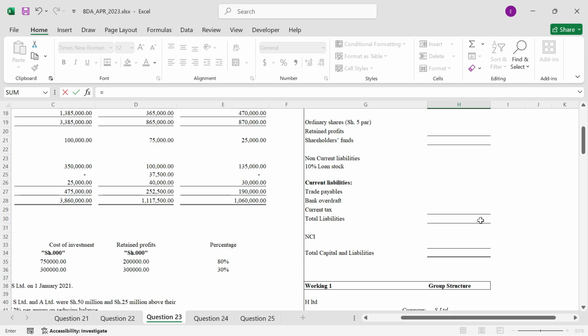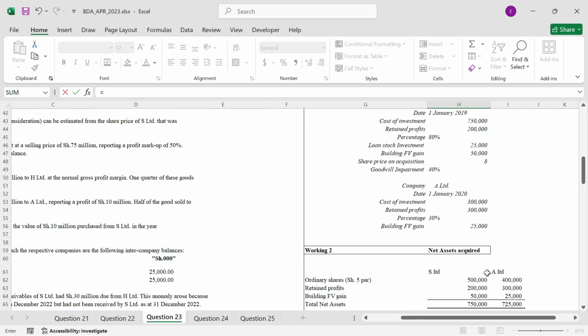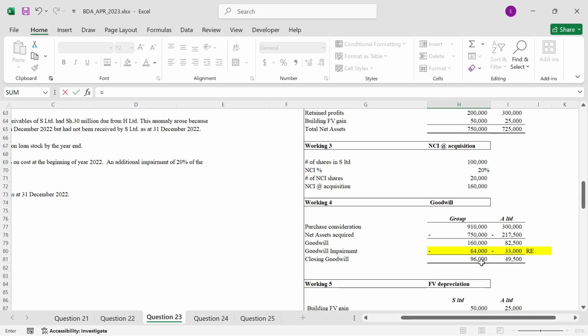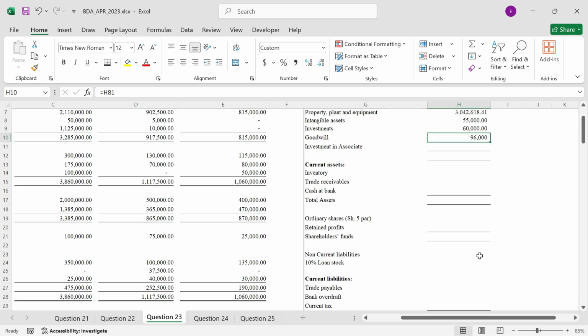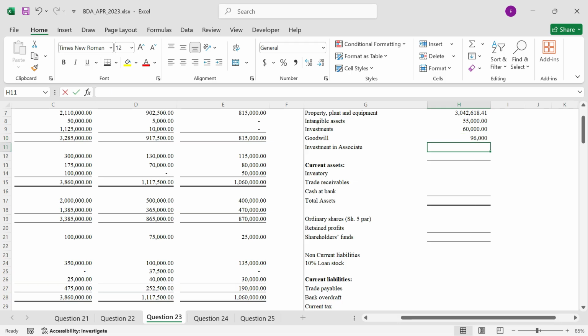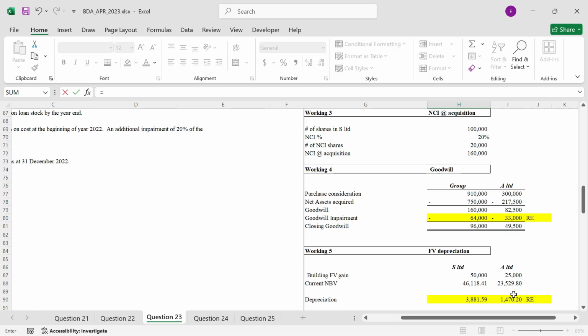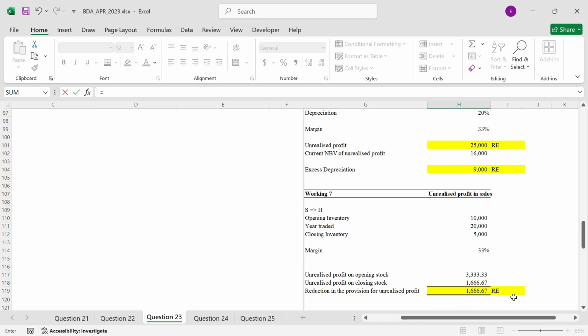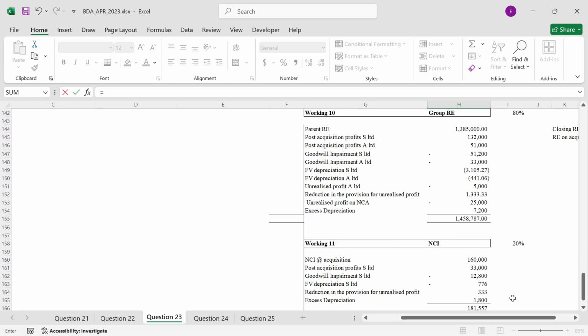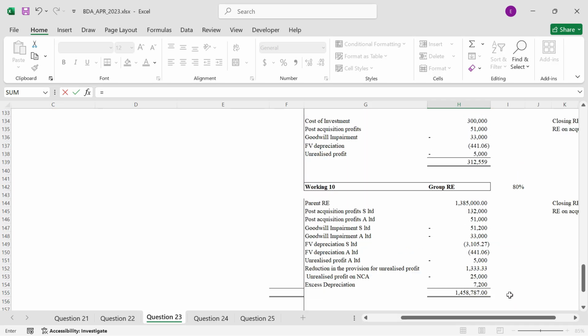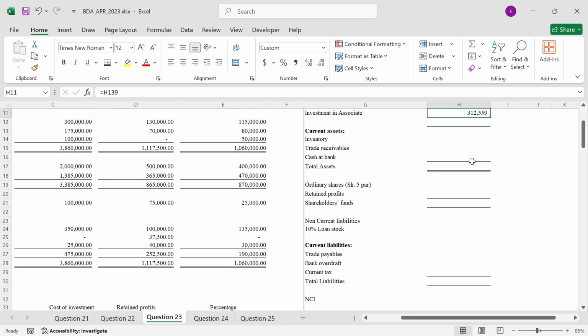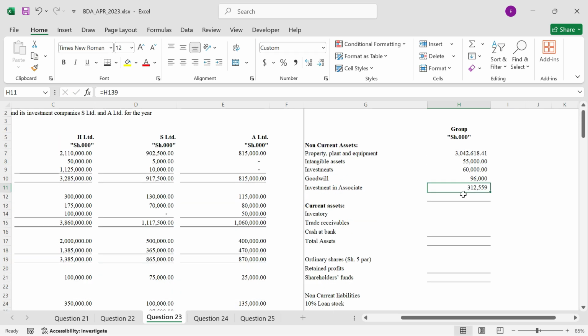Goodwill, I already have a closing value of 96,000, and my investment in associates, I also have a closing value of 312,559.